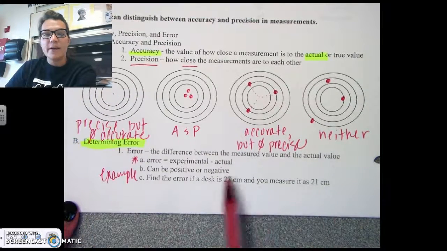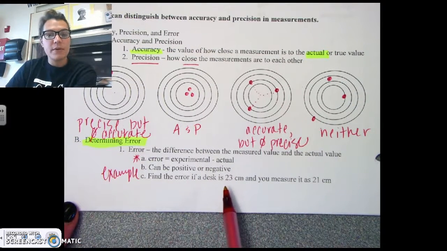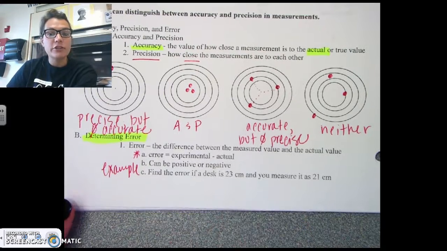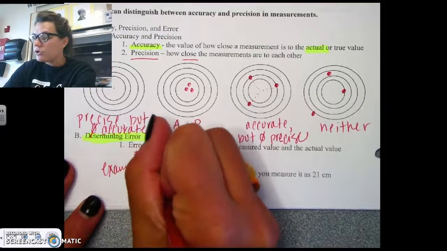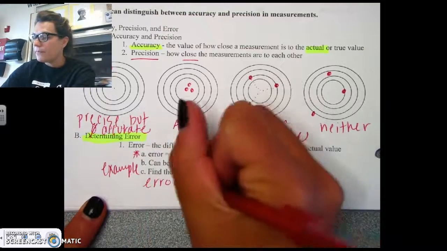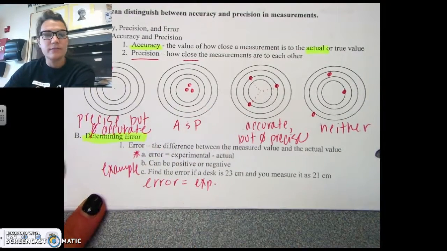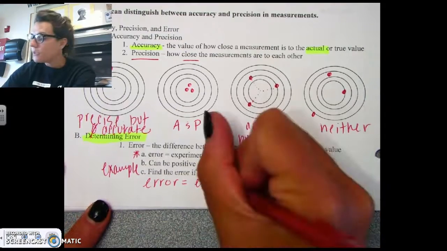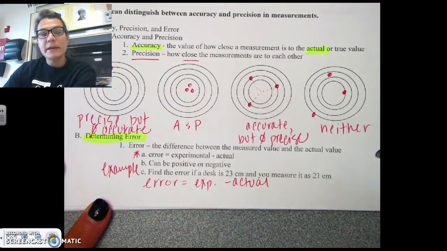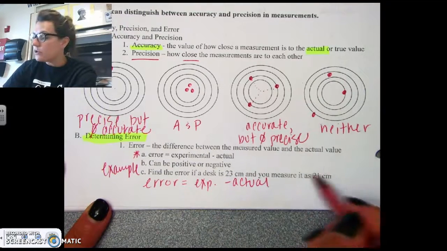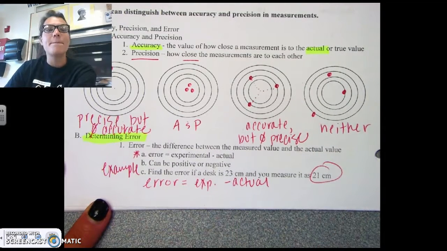Let's find the error if a desk is 23 centimeters, but you measure it to be 21 centimeters. So let's write our equation. Error is going to be equal to experimental minus actual. Experimentally, I found the desk to be 21, because I measured it myself.